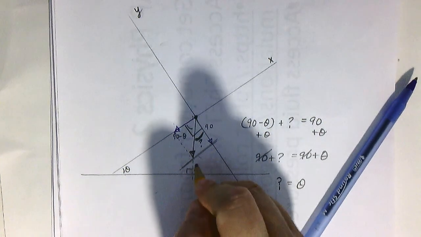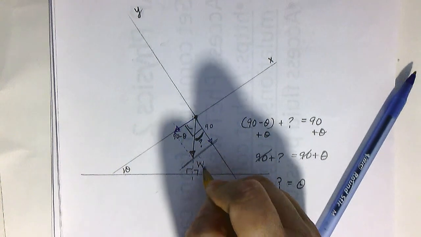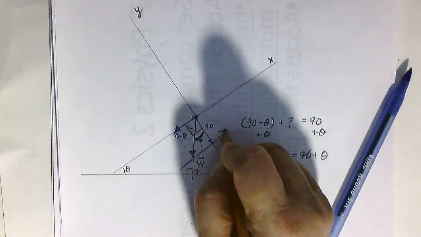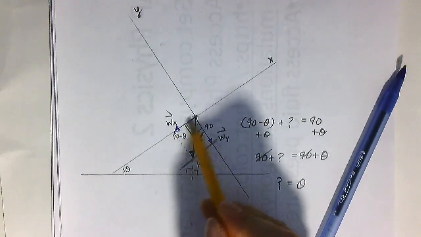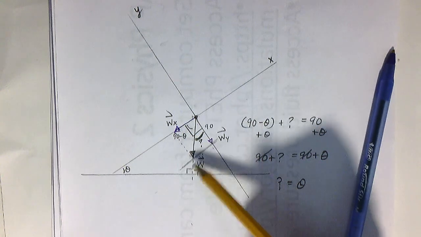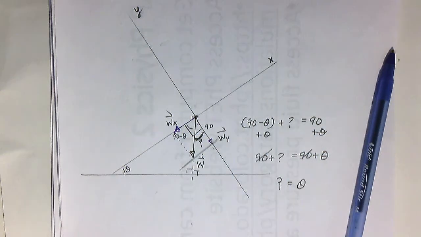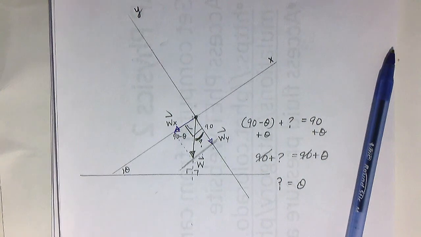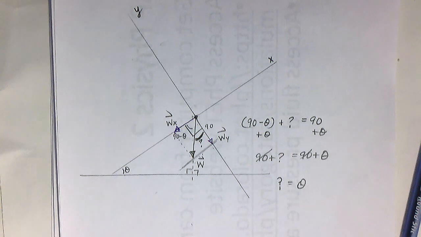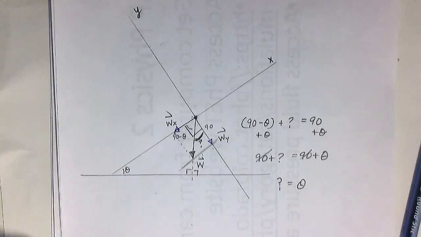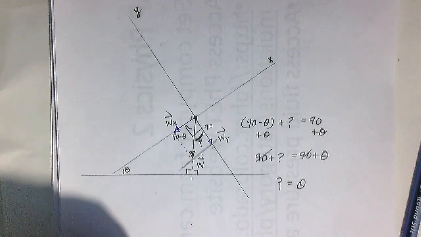So if I label this, I'm just going to use a shorthand just for the diagram. This is W, this is WY, this is WX. Opposite over hypotenuse is going to be the x component. Adjacent over hypotenuse is going to be the y component. You may need to look over this a couple of times and replay this over and over again until you finally figure it out. It does take some time for some students to get the finessing of how to break the weight into components. Okay, so let's go back.